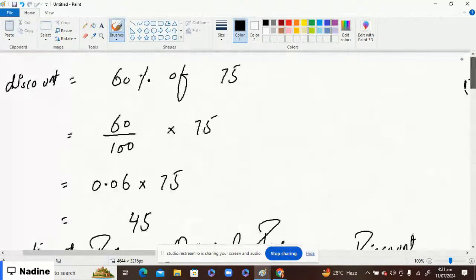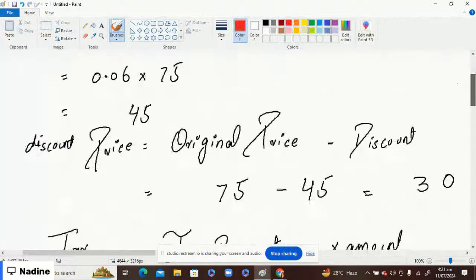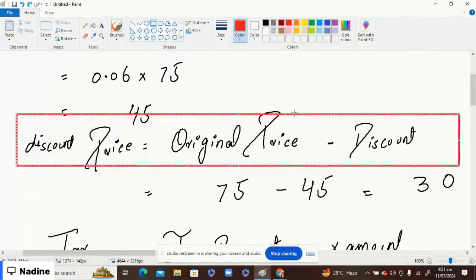Now I'm going to write down the formulas here. Just mark, okay? First formula that you need to understand is discount price, original price, okay? And then you're going to write down this one.